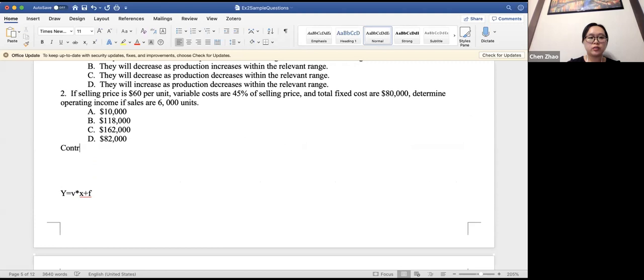So the contribution approach income statement: we start from sales minus variable cost, and then we have contribution margin, and then we subtract fixed cost, and we have operating income.